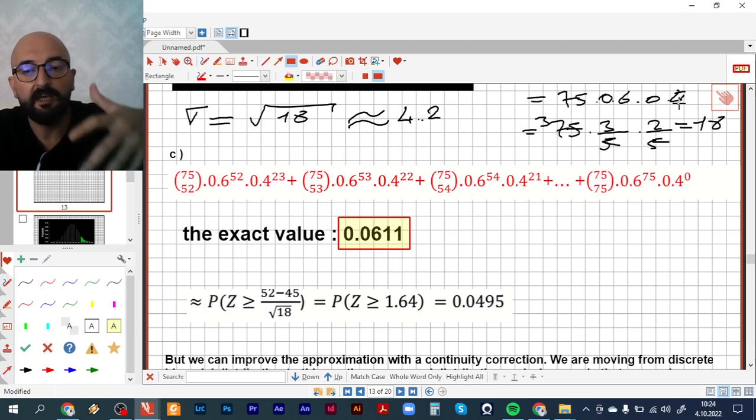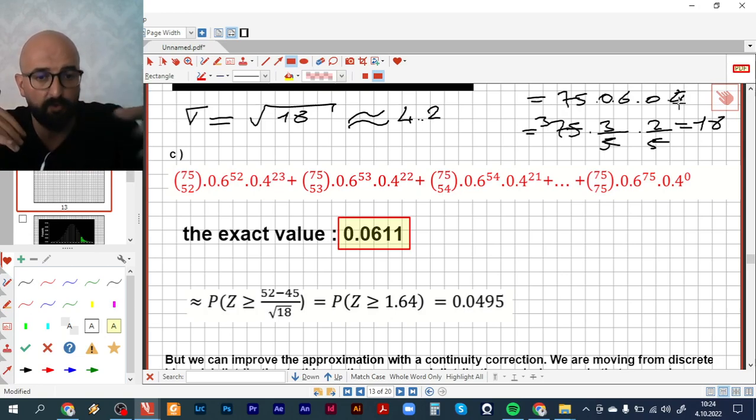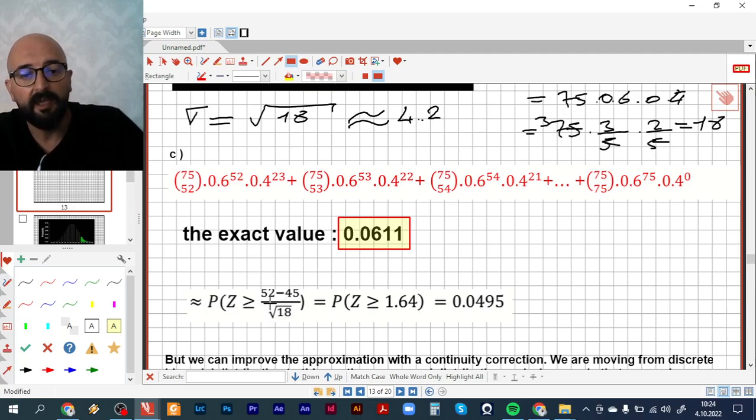Without continuity correction, if you want to figure it out using only the normal distribution, first transform to z.